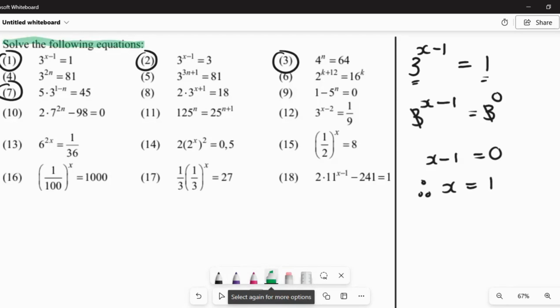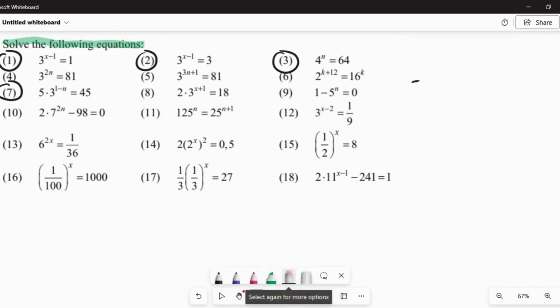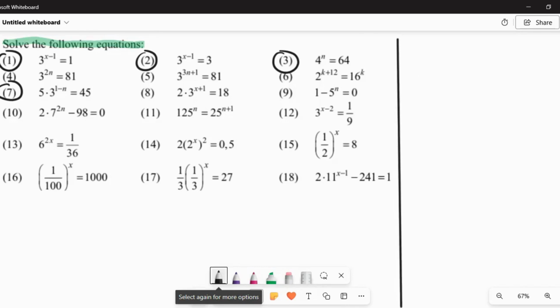Okay, let's go to number 2. We're given something similar to the first one, just that on our right hand side we have a 3 instead of a 1. So we're given 3 exponent of x minus 1 is equal to 3. Remember, the exponent here of 3 is 1.